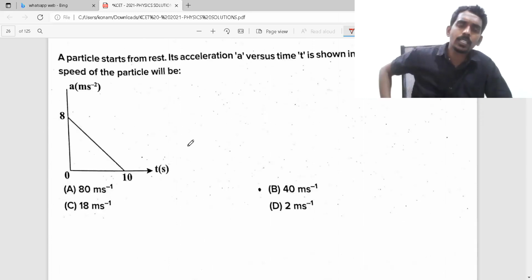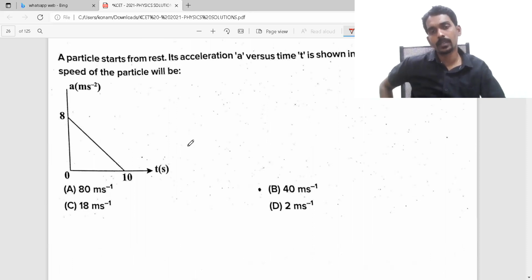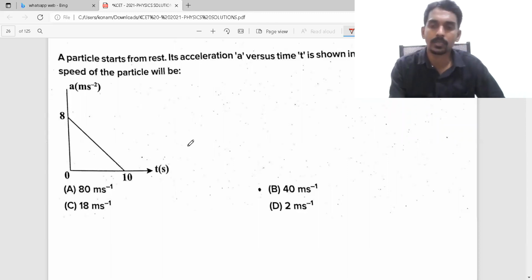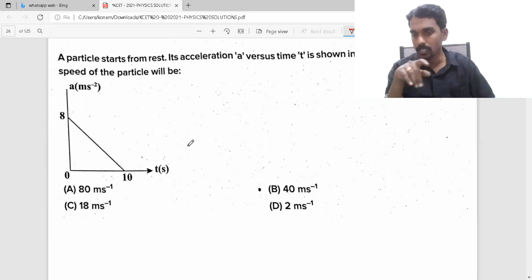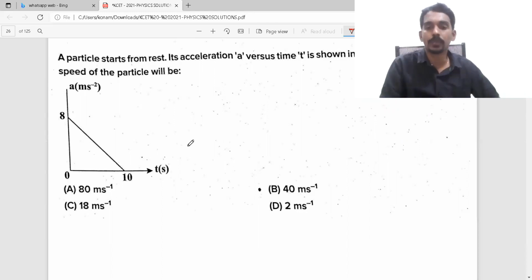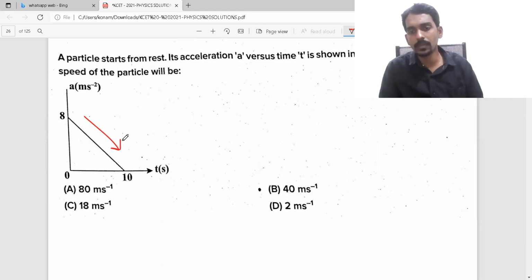Now next, a particle starts from rest. Its acceleration a versus time t is shown in the figure. The maximum speed of the particle will be? Here they are asking for the maximum speed. The concept is that when acceleration becomes 0, velocity becomes maximum. Here acceleration keeps on decreasing, but as long as acceleration is there, velocity keeps on increasing.